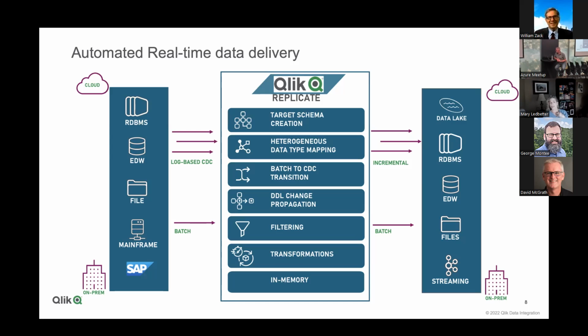If you make a change on your source in your DDL, you add a table, or you add a column, or you alter a table and change the data type, or delete a column, those types of things, we can automatically pick up that DDL from the logs and make those changes onto target automatically, so that you don't have to keep track of what DDL has happened on the source.